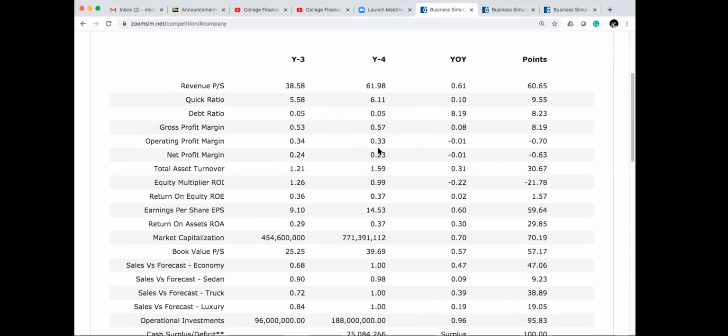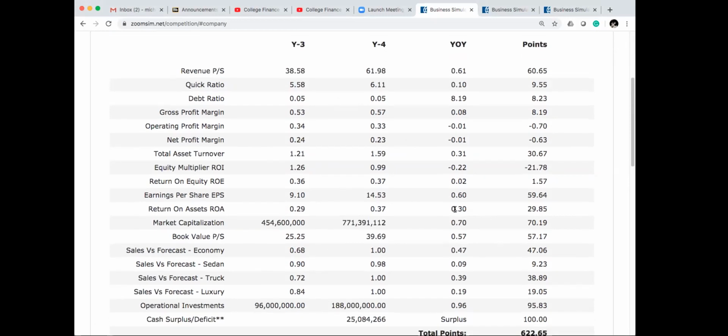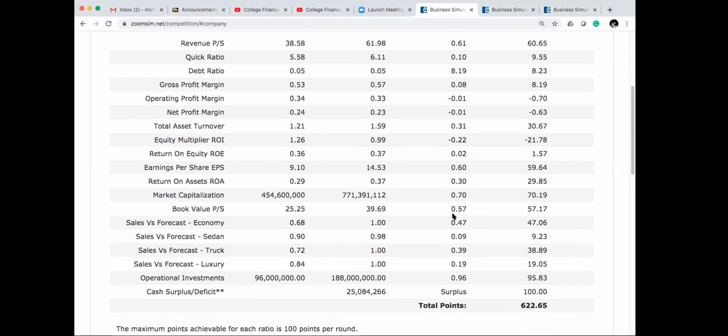But operational and net profit margins went down due to aggressive advertising, so that's something I need to improve upon. Total asset turnover went up because I utilized a lot of unused inventory. Earnings per share increased by 60%. And for book value, my forecasts were a lot higher, coming off some terrible forecasts.